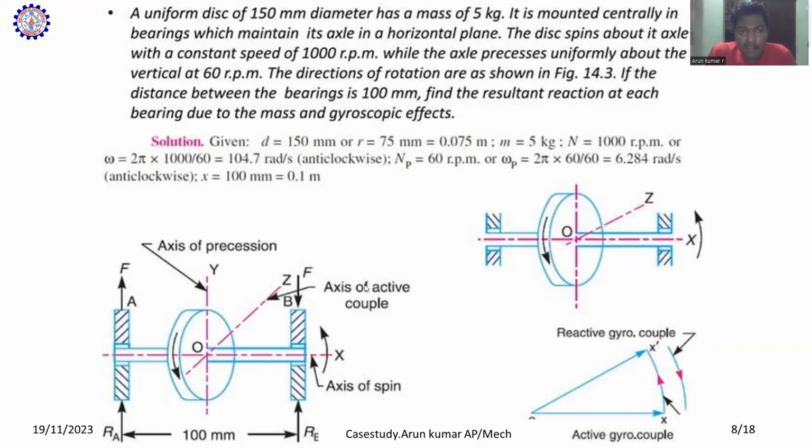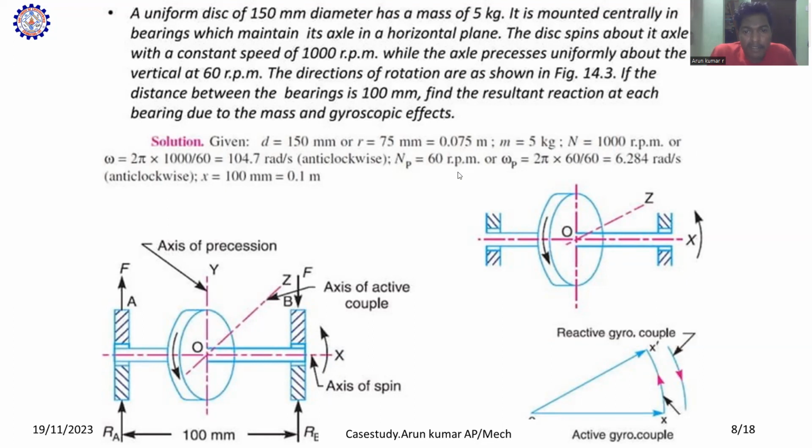What is the given data? The diameter is equal to 150 mm. We convert into radius, and convert the value from millimeter into meter. The mass is 5 kg and N is equal to 1000 rpm, so omega is equal to 2 pi times 1000 by 60, that is equal to 104.7 radian per second in the anti-clockwise direction.